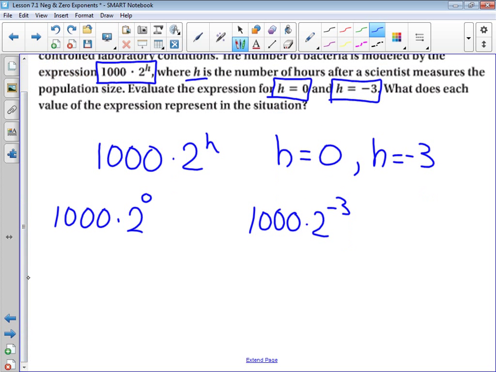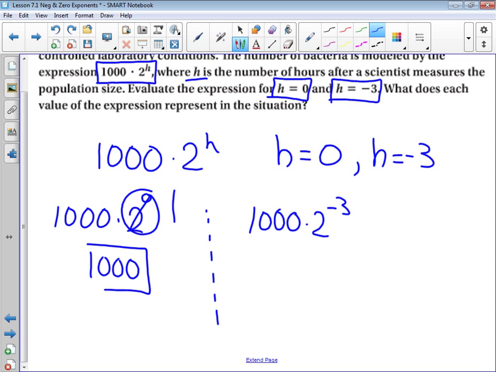Well, we just talked about what a zero power means. 2 to the 0 power, this part, equals 1. Anything raised to the 0 power is 1. 1000 times 1 is 1000. And we also just talked about what a negative exponent means.